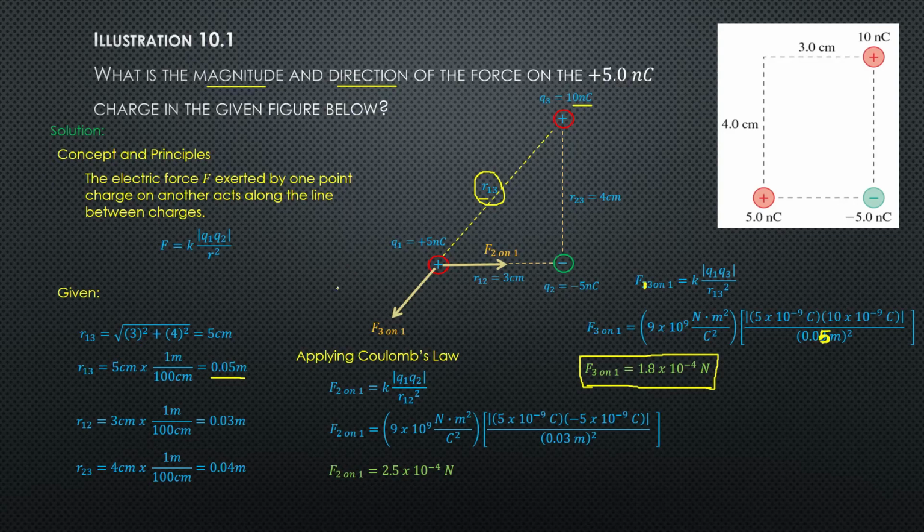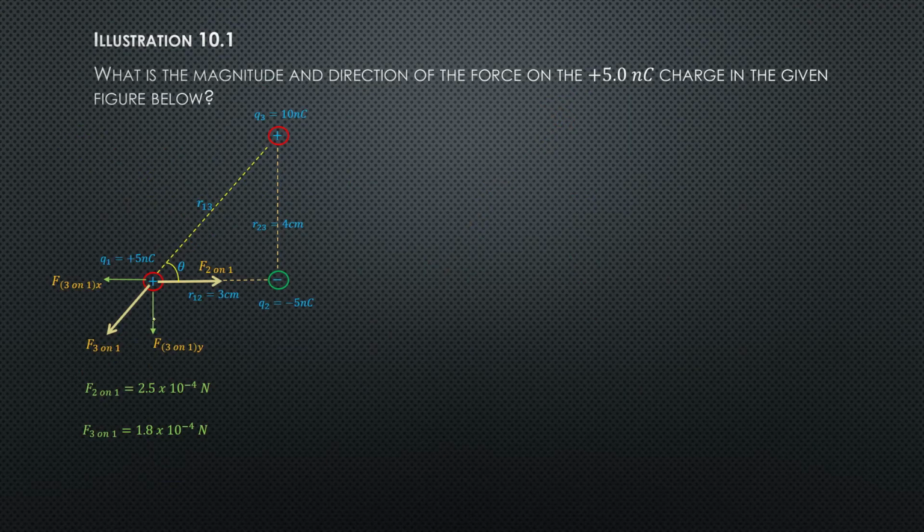Continuing, we have computed 2.5 times 10 to the negative 4 for F2 on 1, and F3 on 1 is 1.8 times 10 to the negative 4. Now, to solve for the magnitude, we will be using the component method. We will first determine the x components and y components of these forces.